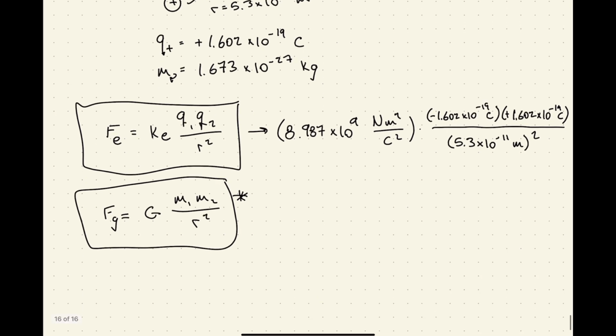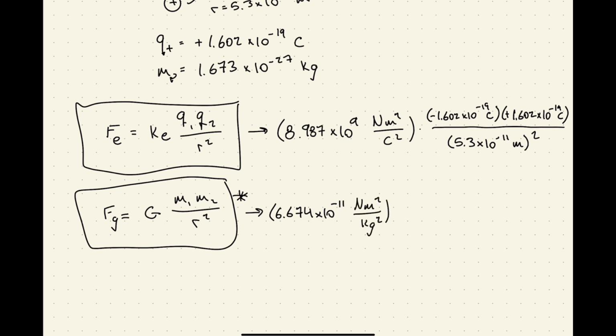Let's do the gravitational one. So the force due to gravity is gravitational constant G, which is 6.674. Very cool constant. Where did it come from? Who knows? Maybe God made it such. This is newton meter squared over kilograms squared.